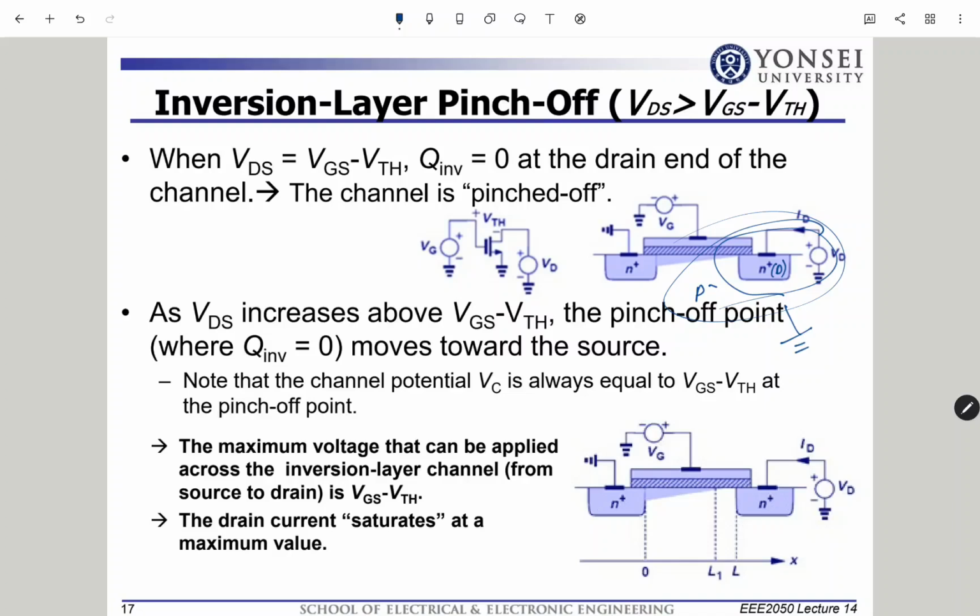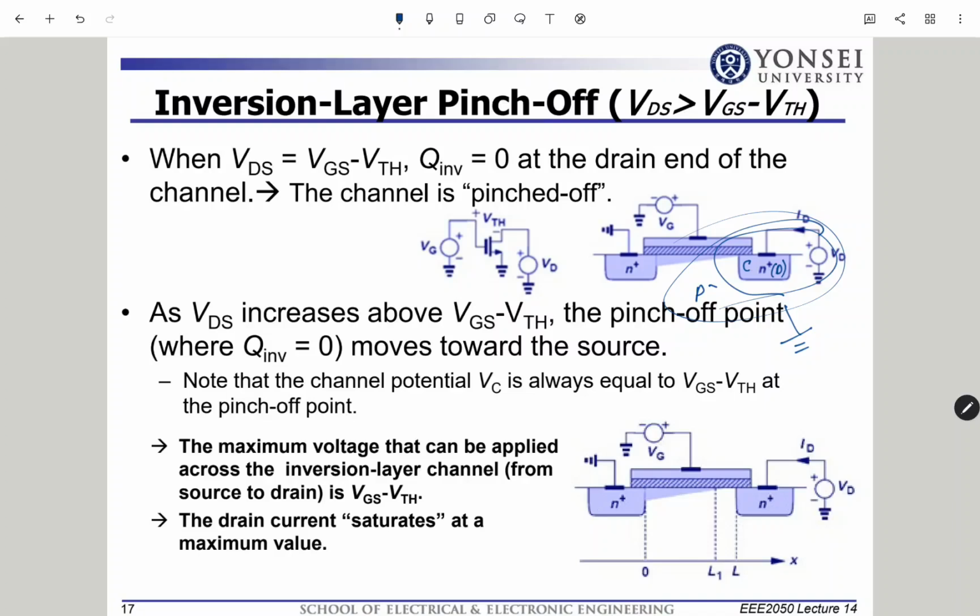Reverse bias of a diode. Can we say that? We are applying positive bias to the cathode side, which is N plus. Then the relationship between the substrate and the drain side is a reverse bias condition in a diode.